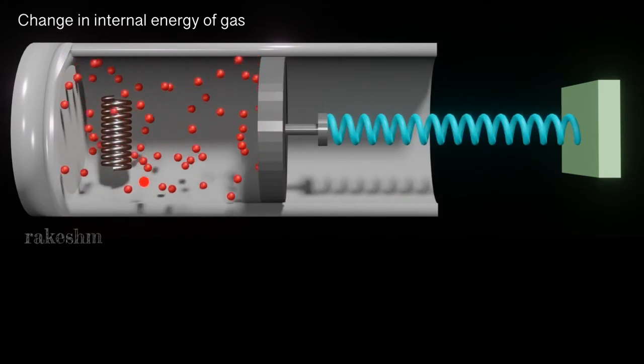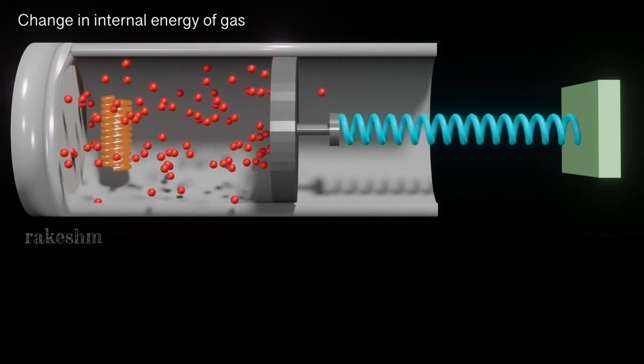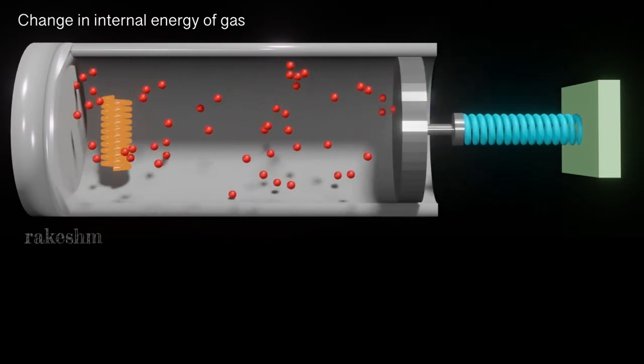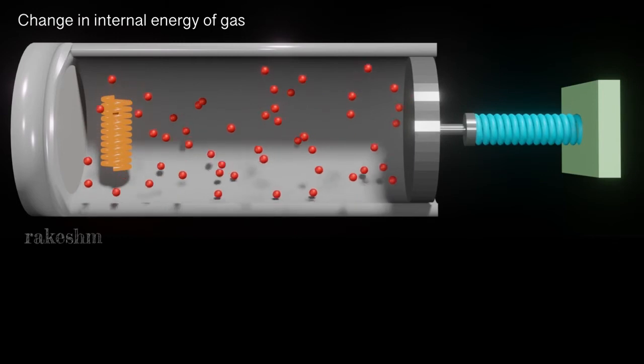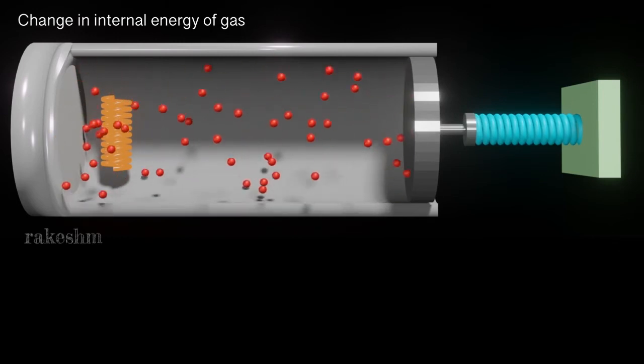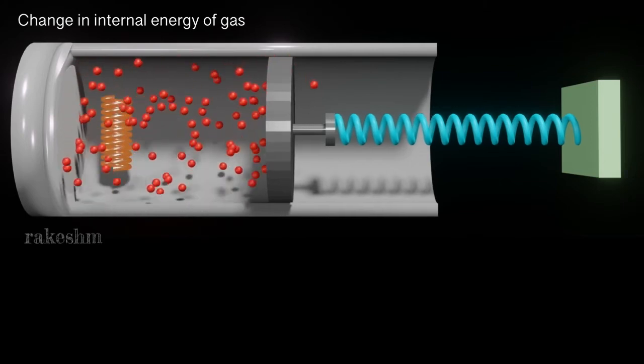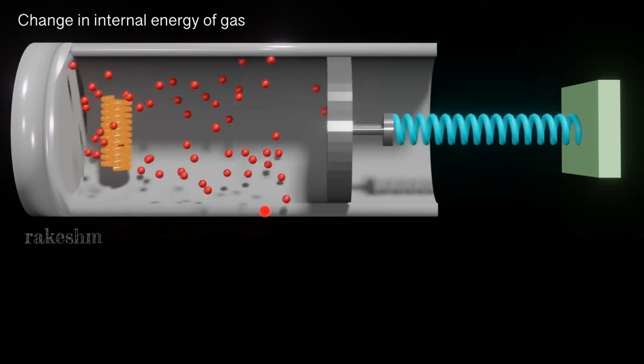Initially it is very less, and finally towards the end of the process it has increased. So when we say the temperature is increasing, it is nothing but the average kinetic energy of the gas molecules increasing. That is one thing I wanted you to observe here.